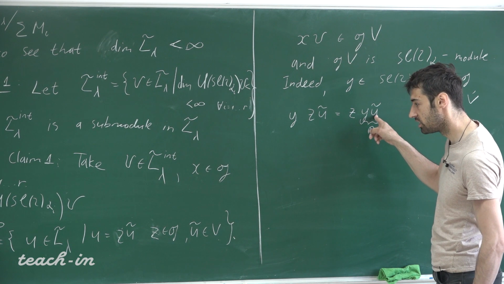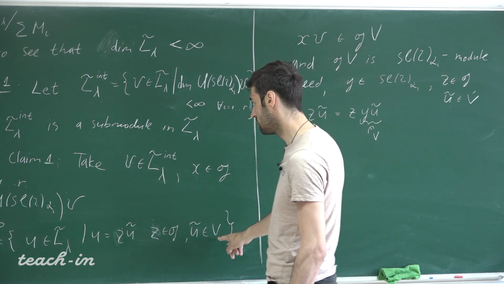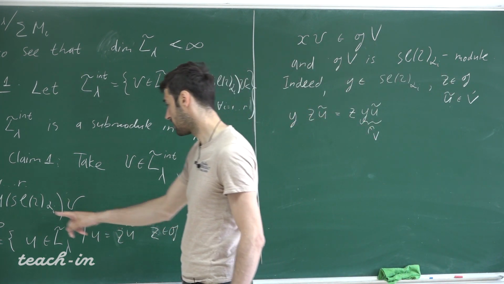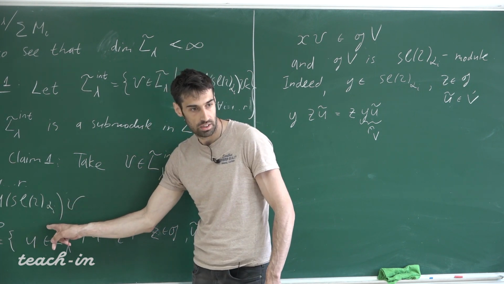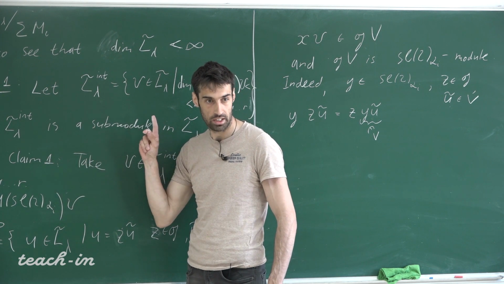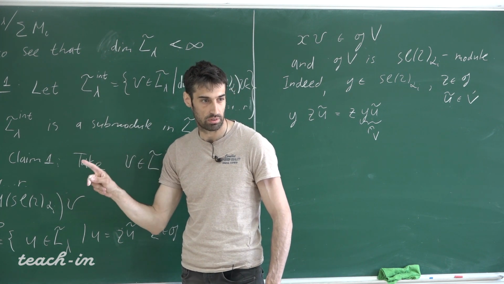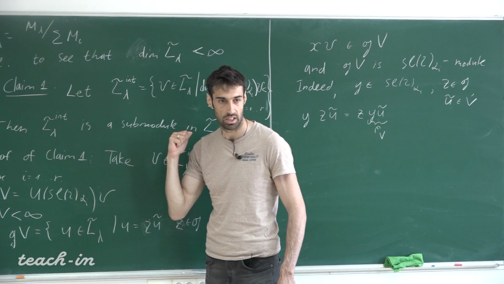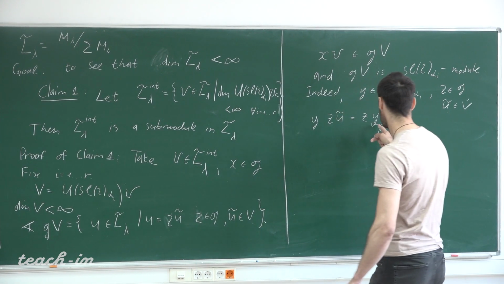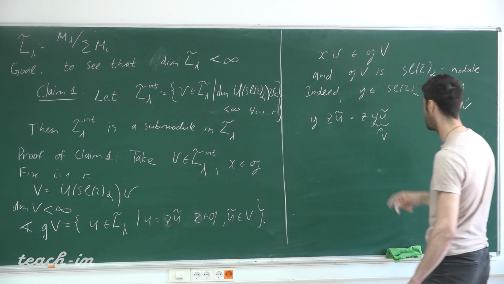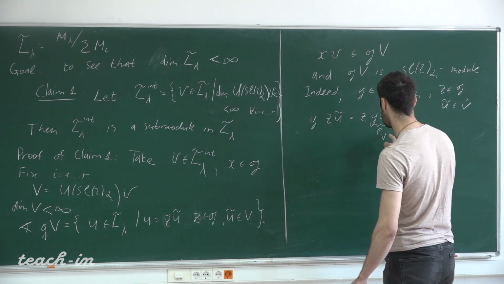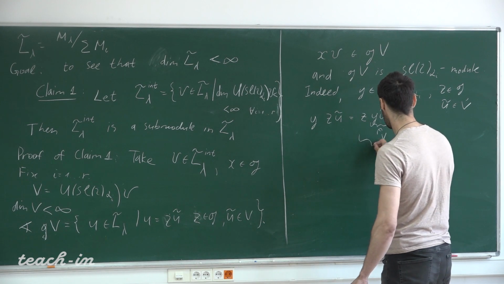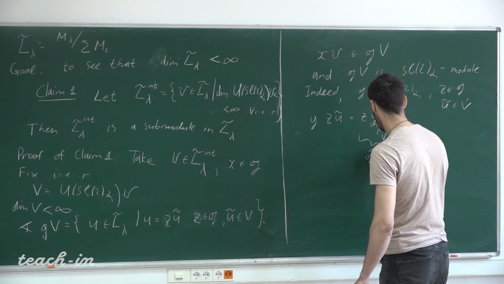Because U tilde is from V, and V is a representation of SL2 alpha I, and we take Y from SL2 alpha I. So we never go outside of V if we apply something from SL2 alpha I. So this is in V, and Z is in G, so the whole thing is in GV.